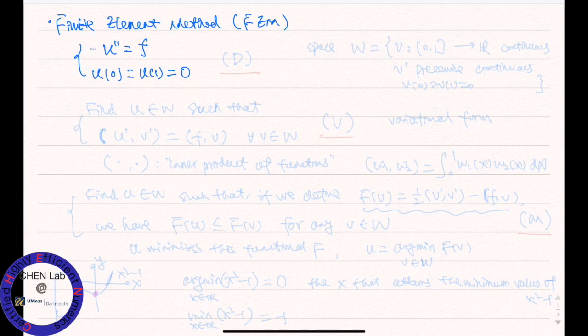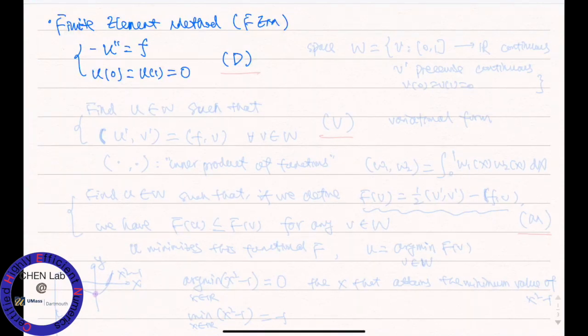In the next video, we're going to discretize the variational form, which leads to the finite element method. So for notation purposes, I'm going to call this problem, the problem in this form, D.